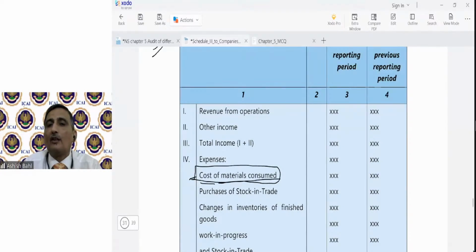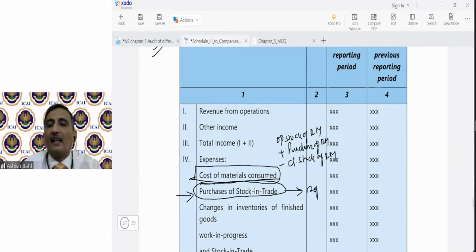Cost of material consumed is opening stock of raw material plus purchases of raw material minus closing stock of raw material. Okay, but purchase of stock in trade is a separate line item.